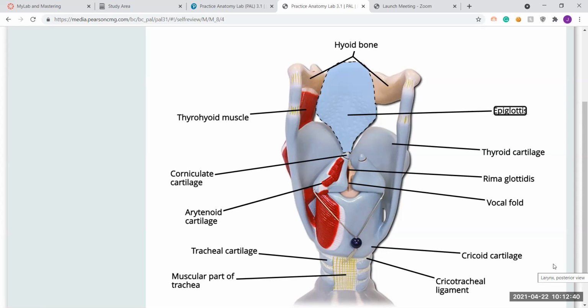So you have only one cricoid cartilage, only one thyroid cartilage, only one epiglottis, but bilateral corniculate cartilage, arytenoid cartilage, and cuneiform cartilage. Cuneiform cartilage is not shown here.